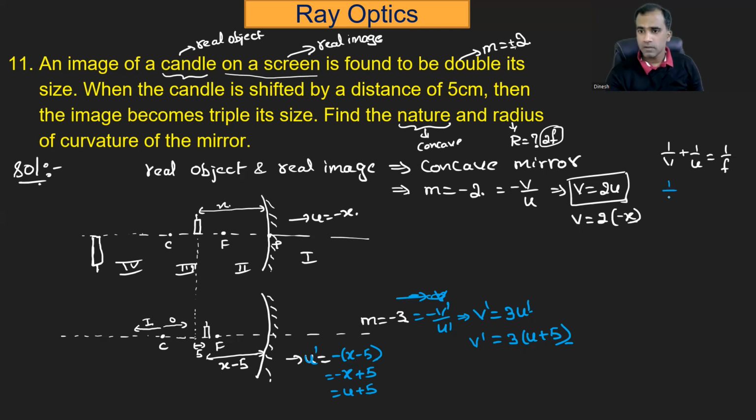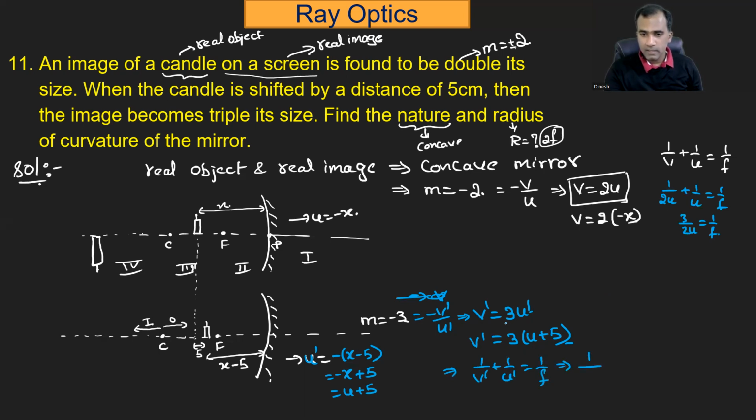1 by v, in place of v I'll write 2u, plus 1 by u is equal to 1 by f. So 1 by 2u plus 1 by u is 3 by 2u, right? Equal to 1 by f. Fine. Now here also let us do the similar thing. 1 by v dash plus 1 by u dash is equal to 1 by f.